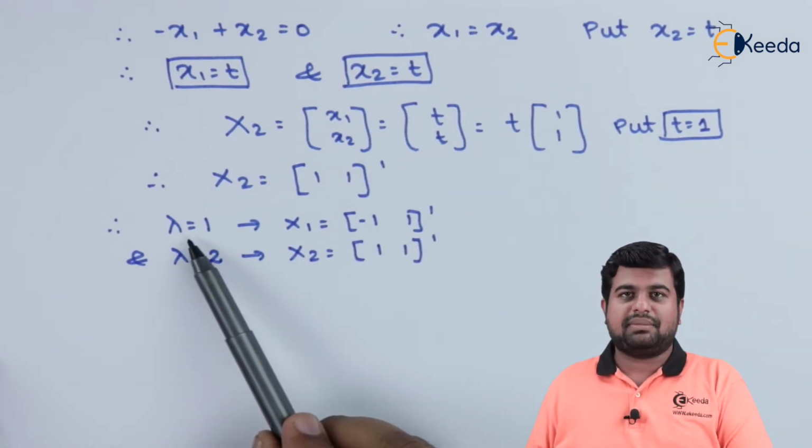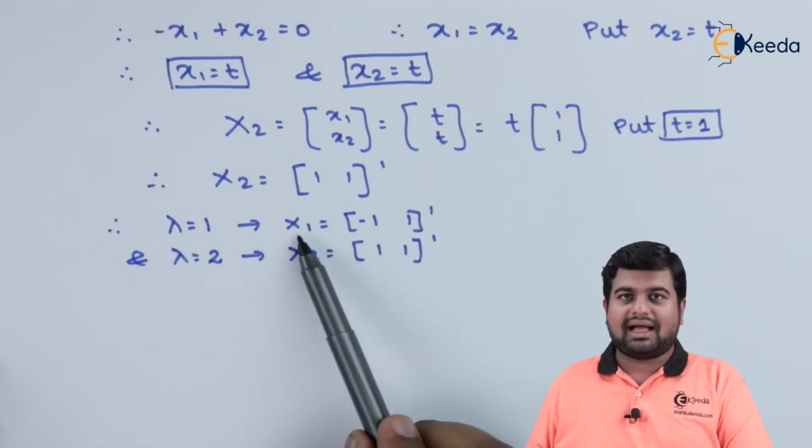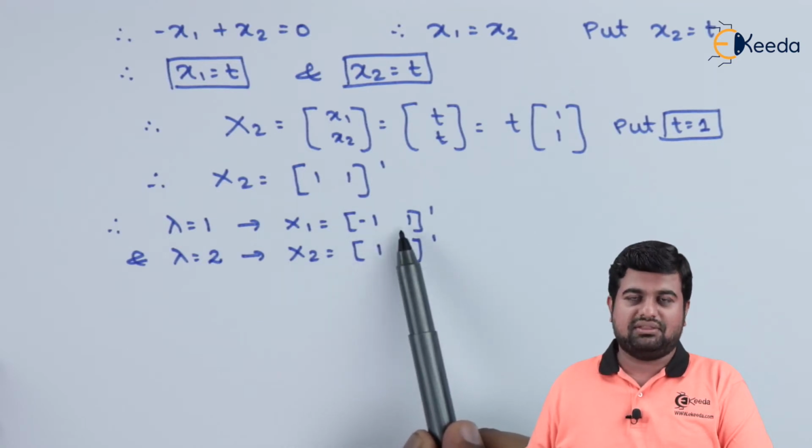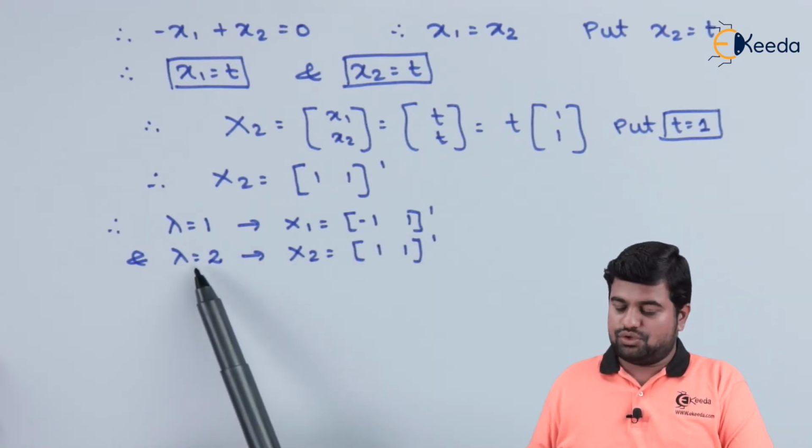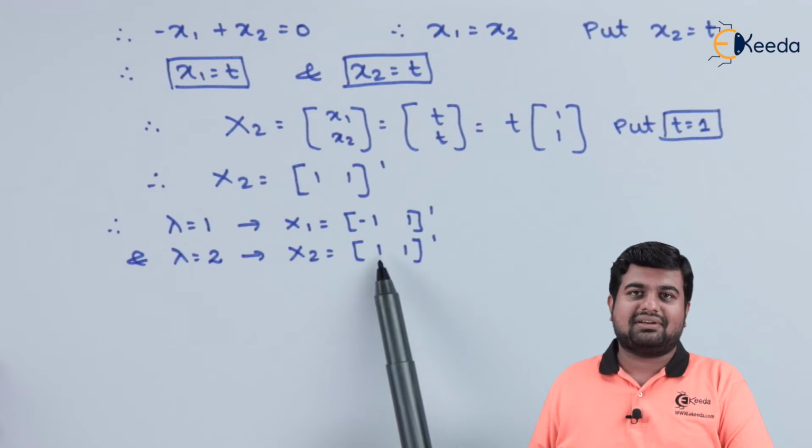For eigenvalue lambda is equal to 1, we have obtained the eigenvector as minus 1 and 1. And for lambda is equal to 2, we have obtained the eigenvector as 1 and 1.